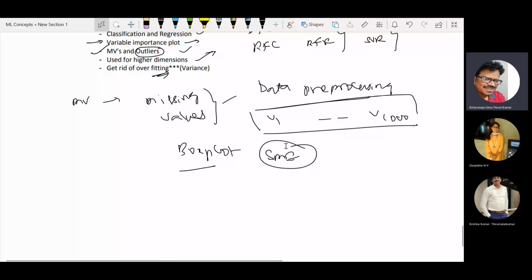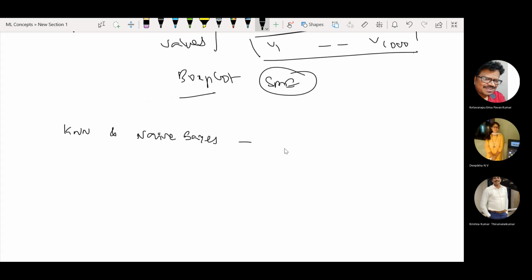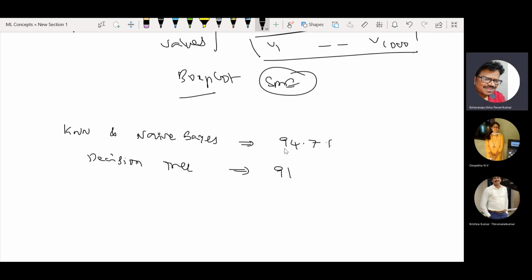If you are referencing the appropriate aspect in understanding any kind of algorithm, as a conclusion, KNN and naive Bayes registered around 94.7 accuracy, whereas your decision tree could register only 91 percent, and random forest, of course, registered 96.34 percent accuracy.